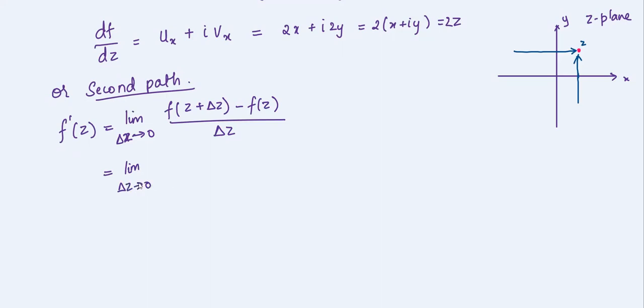That means both delta x and delta y tend to 0. It means this will be u of x plus delta x comma y plus delta y plus I times v of x plus delta x comma y plus delta y, minus u of x comma y plus I times v of x comma y.